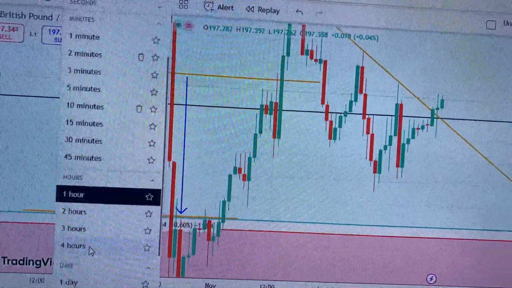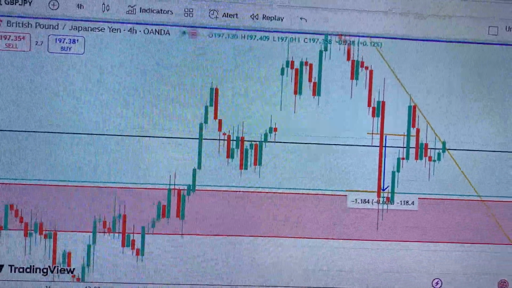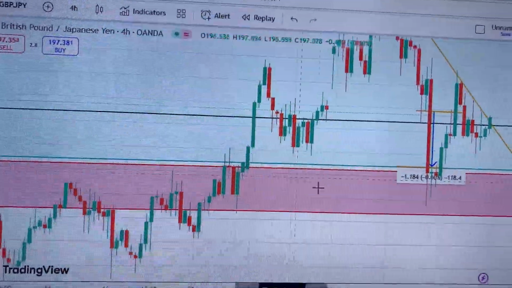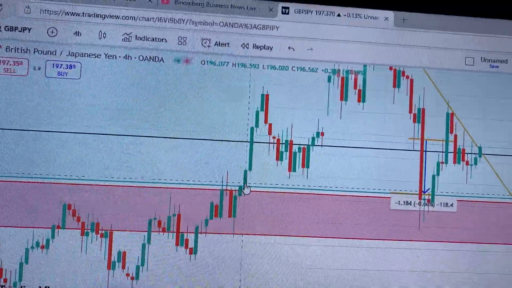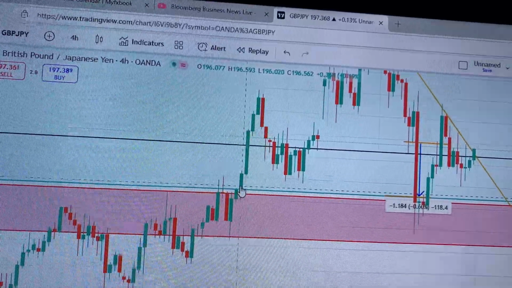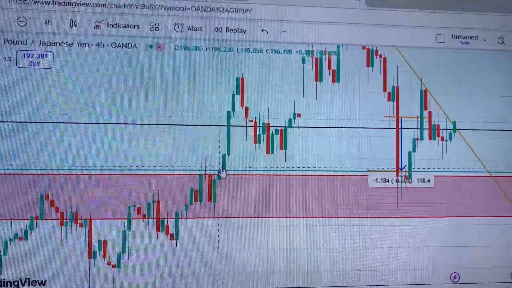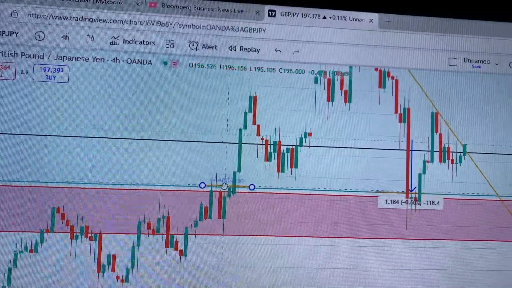Let's look for another fair value gap. Look at these fair value gaps. See from here where my mouse is. Let's use this from here.